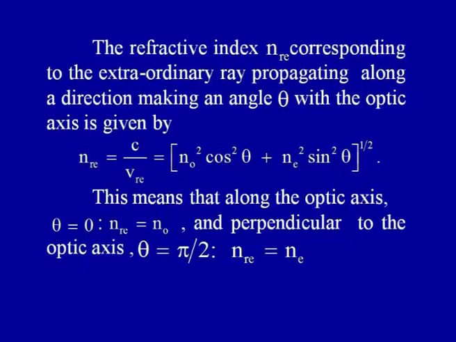The refractive index n(θ) corresponding to the extraordinary ray propagating along a direction making an angle θ with the optic axis is given by n(θ) = c/v(θ), which is equal to the square root of n_o² cos²θ plus n_e² sin²θ.